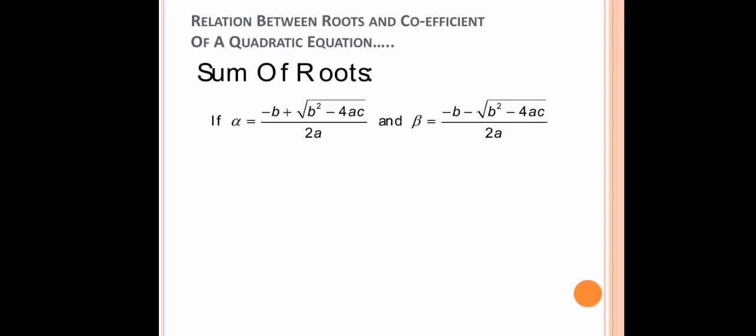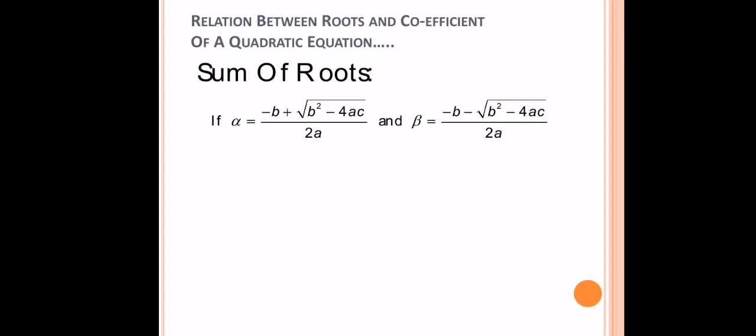One of the roots is this one with the positive sign with the radical, and the second one is this one with the negative sign with the radical. So in order for the notations of the two roots to be different from each other, we are going to use alpha and beta.